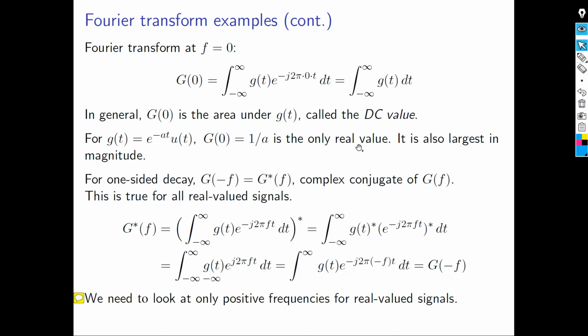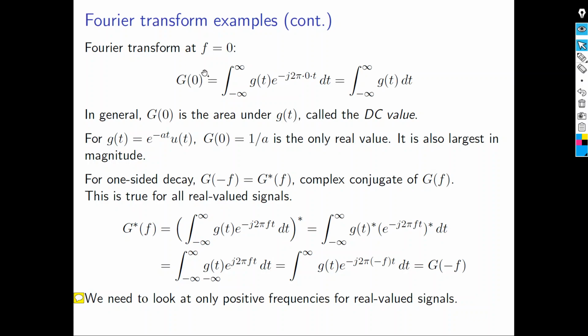And now the Fourier transform at frequency equals 0. If you calculate it, you take G of 0, substitute 0, and you take the integration of g of t. So now we come to the fact that G of 0 is the area under g of t.